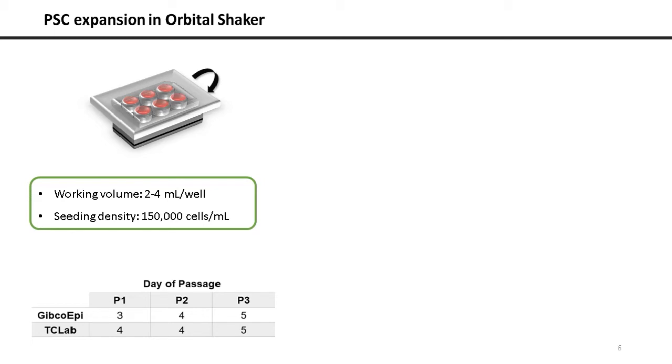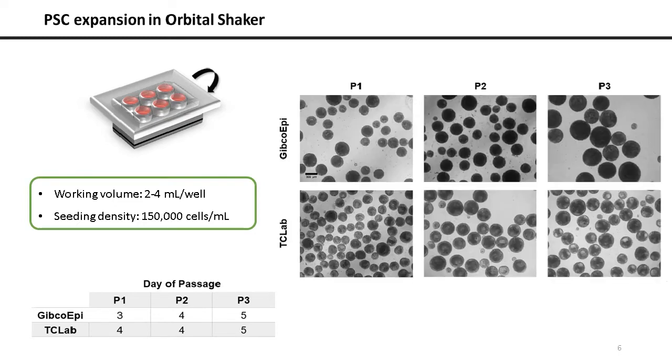We let the cells grow for up to 5 days to ensure that they do not pass the 400 micrometer limit. We do this for the first passage, and then we dissociate the cells and replate them again as a single cell suspension, and we do this for 3 passages. So we analyze the results at each passage and at the end of the 3 passages.